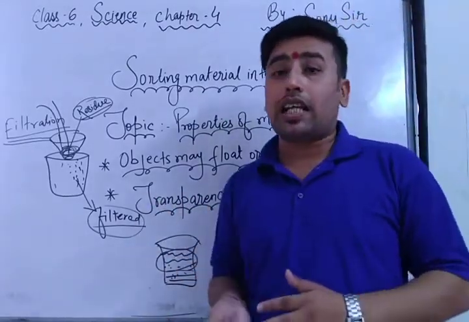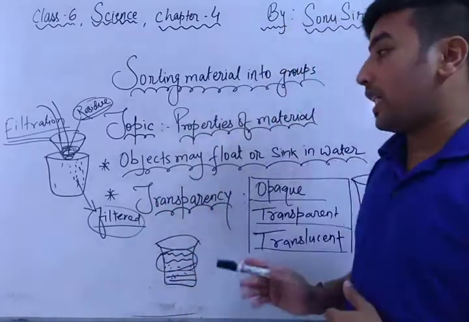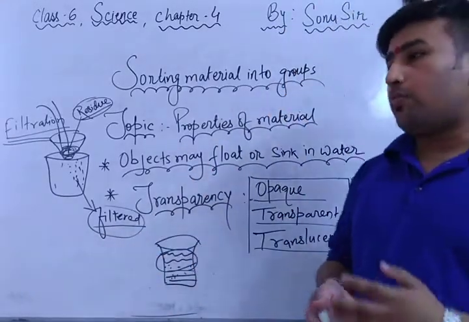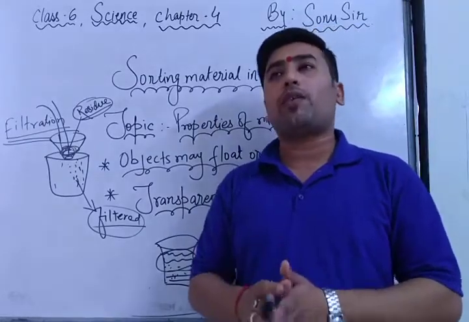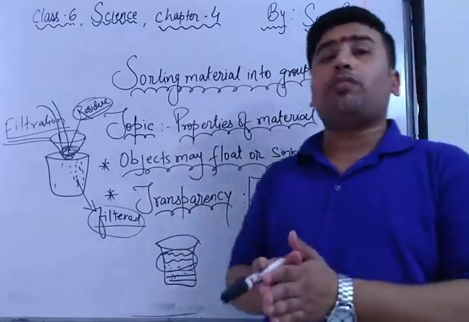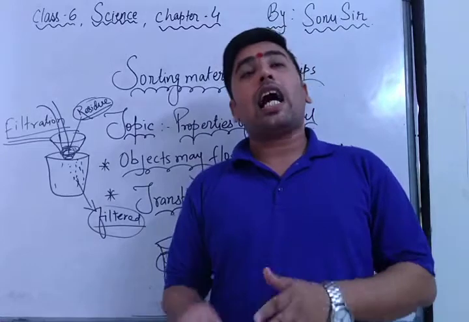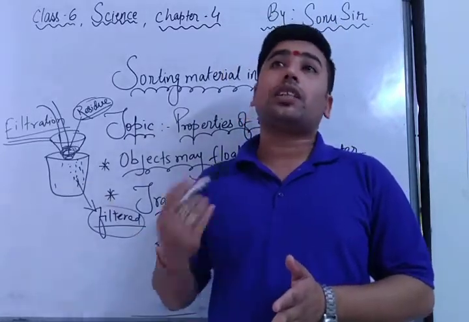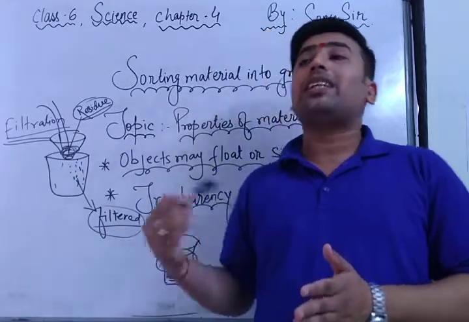After that you can understand distillation, filtration, and sinking or floating. In this chapter we have studied the properties of materials, sorting of materials, and after sorting we grouped the materials, and then studied how to separate them.